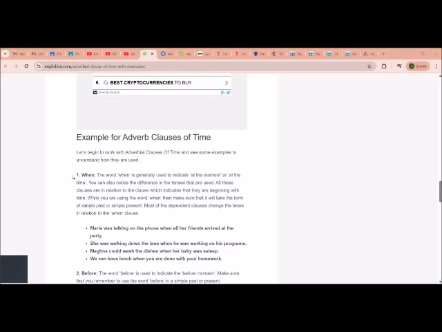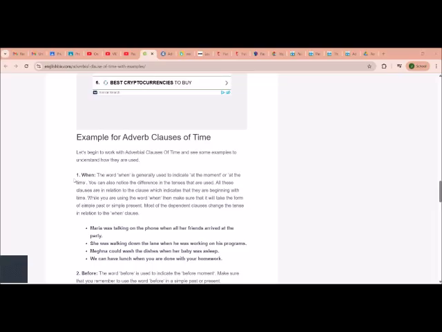Yes, when the word when is generally used to indicate at the moment or at the time, you can also notice the difference in the sentences that are used. All these clauses are in relation to the clause, which indicates that they are beginning with time.